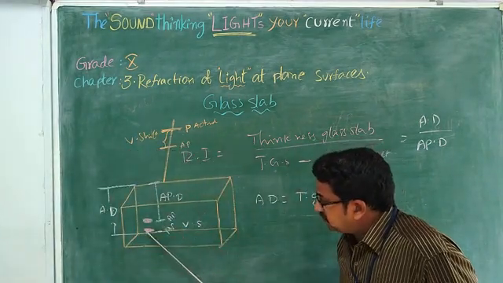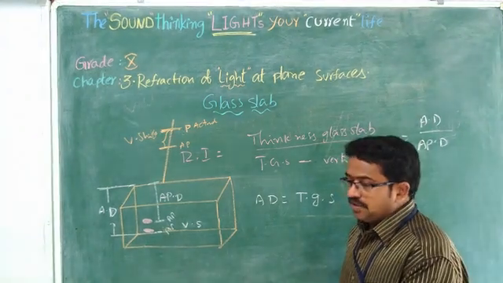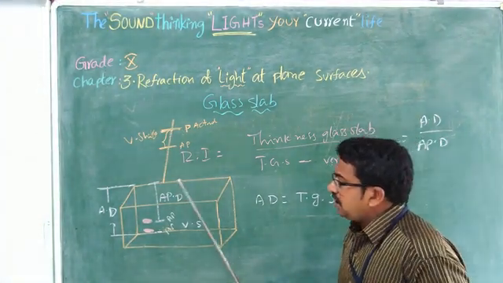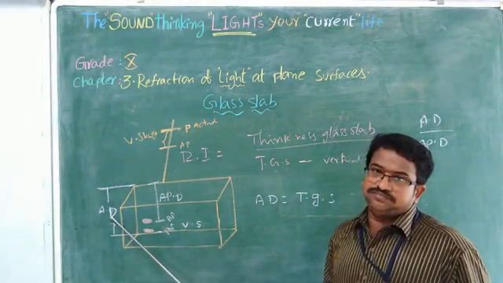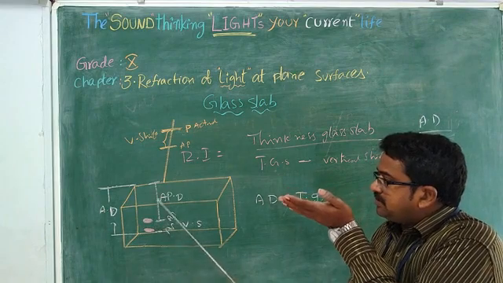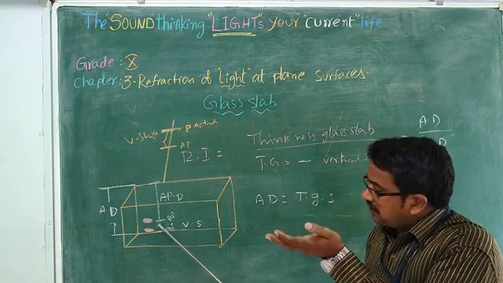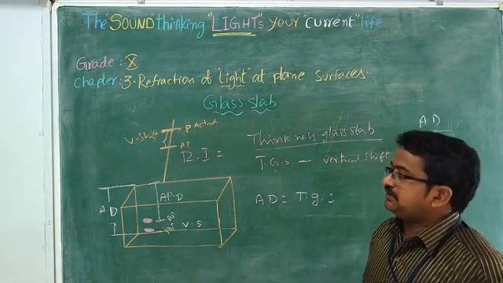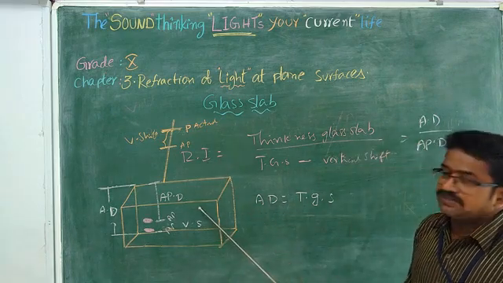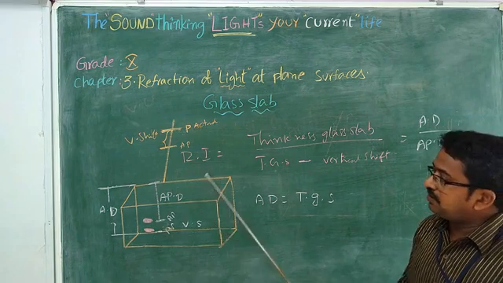When an object is kept in the glass slab at the bottom, then what happened? The depth of the glass slab should be equal to actual depth. Then it's going to be raised up. That is apparent depth. The gap between these two is called vertical shift. With this data, we can find the refractive index of this glass slab.